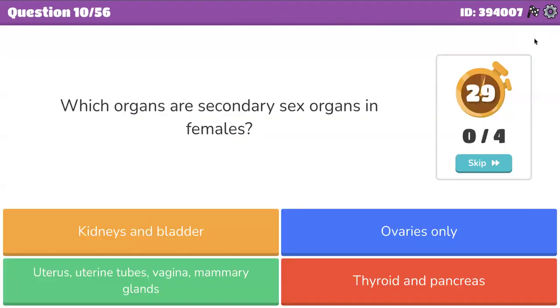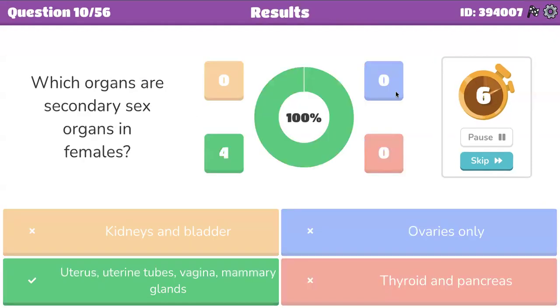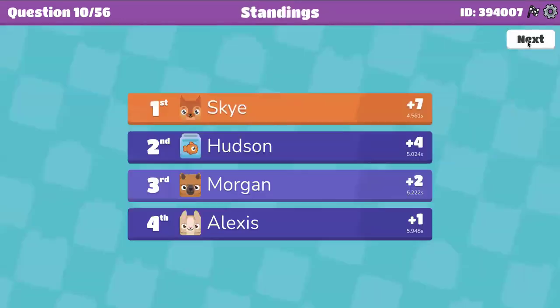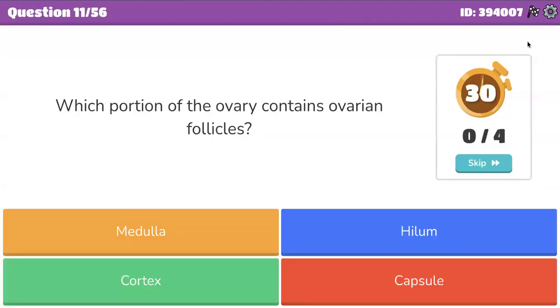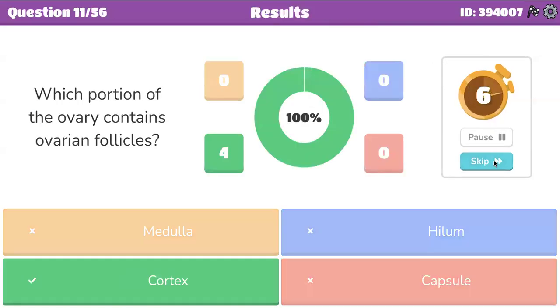Which organs are secondary sex organs in females? Uterus, uterine tubes, vagina, mammary glands. What portion of the ovary contains ovarian follicles? The cortex.